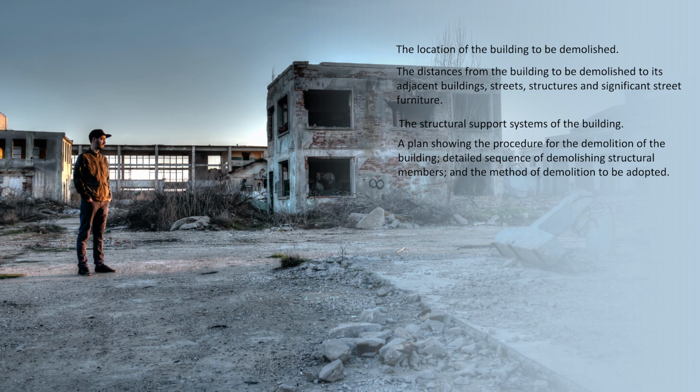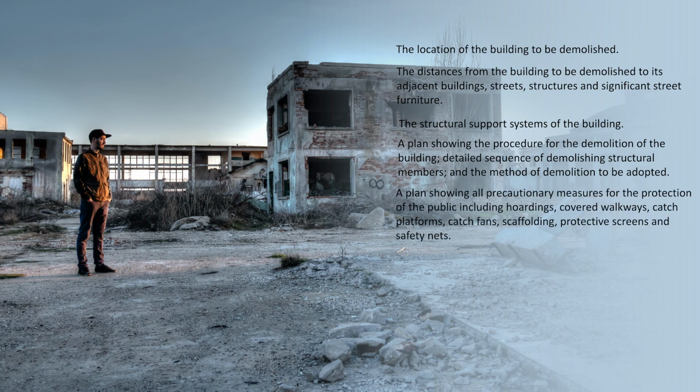A plan showing the procedure of demolition of the building, detailed sequencing of demolition of structural members and the method of demolition to be adopted. A plan showing all precautionary measures for the protection of the public, including hoarding, covered walkway, catch platforms, catch fence, scaffolding, protective screen and safety net. The next important point is the method of handling demolished building debris, that is the debris handling process.